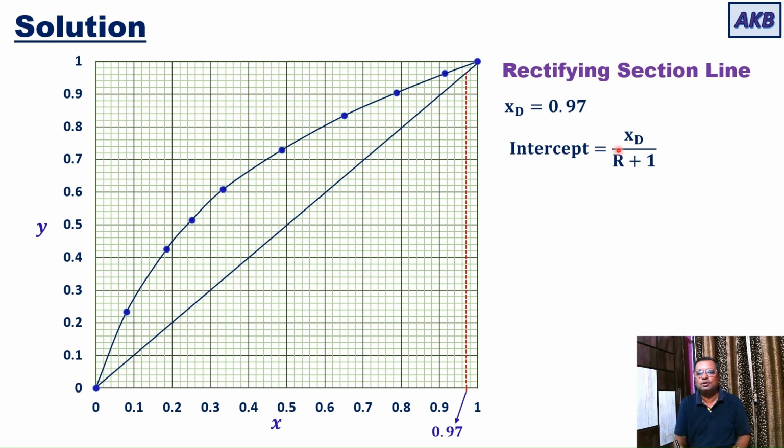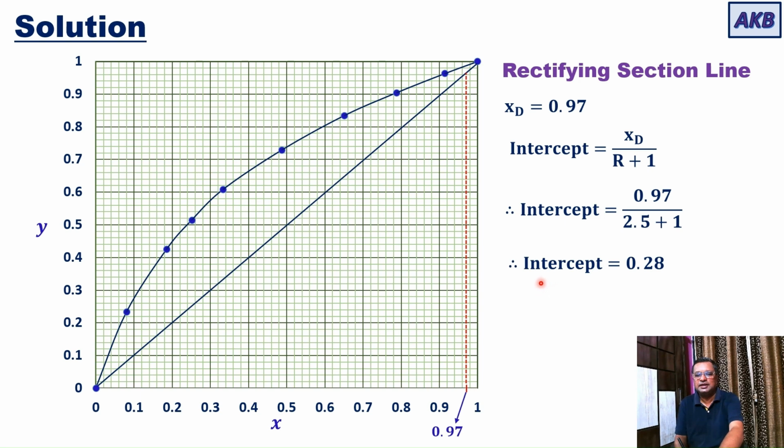Intercept is to be calculated by using this formula. It is XD upon R plus 1. XD is known, 0.97, R is given to us, 2.5. So intercept is 0.97 upon 2.5 plus 1. That gives us intercept as 0.28. Now we are going to locate that. So 0.28 will be coming over here. And the rectifying section line will start at this point and it will end at this point. So that will be the rectifying section line.